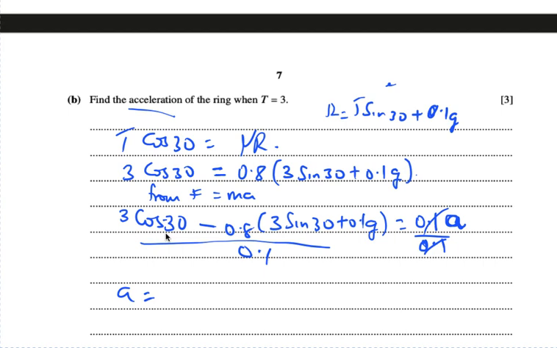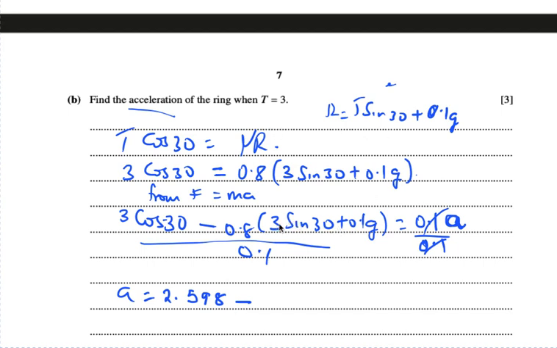Okay, so get to the calculator. 30 cos, make sure your calculator is in the degree mode please, times 3, we have 2.598 minus, okay, we go to the other bracket, so we have 30 sine times 3 plus 1.